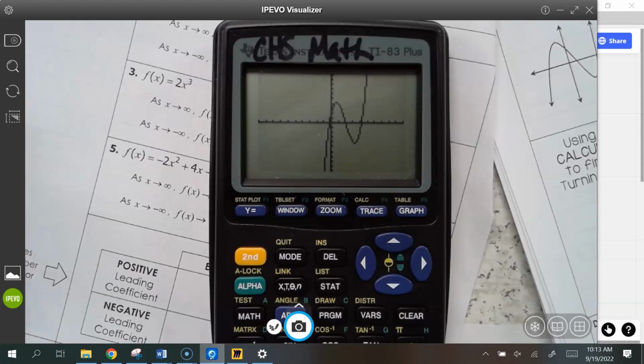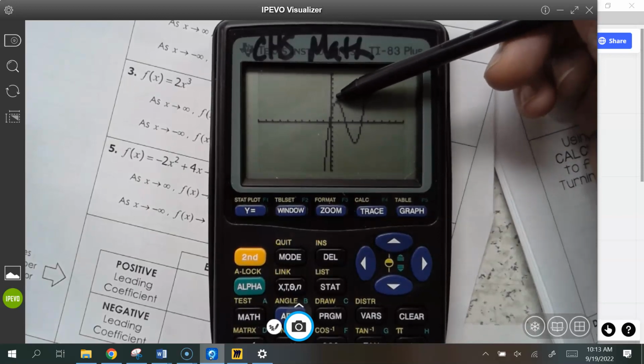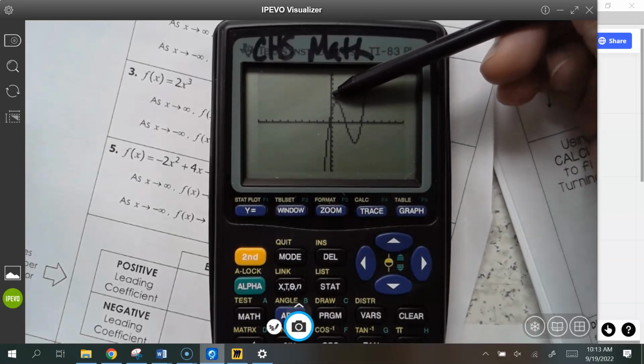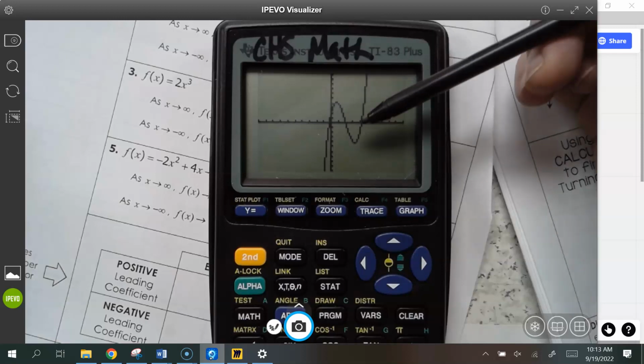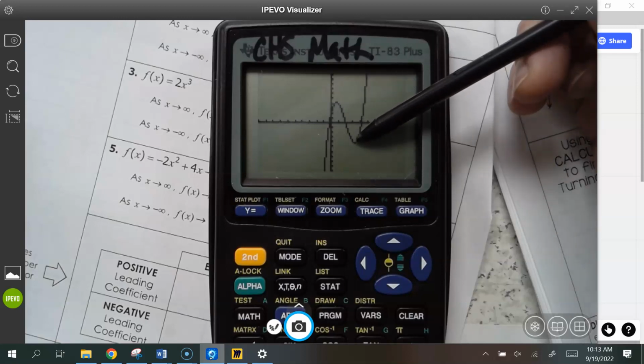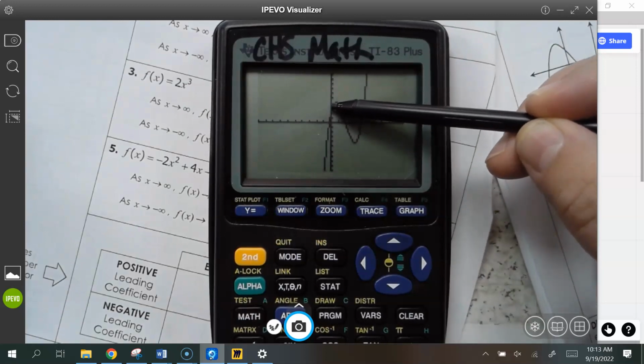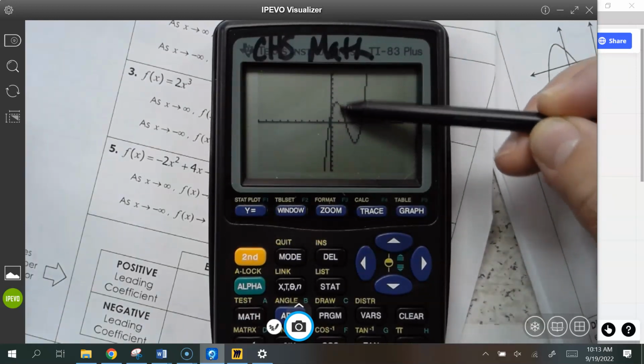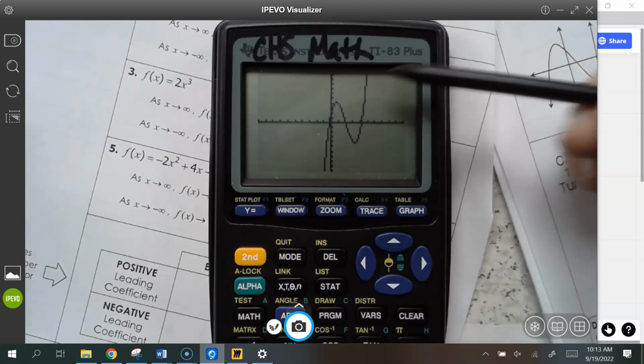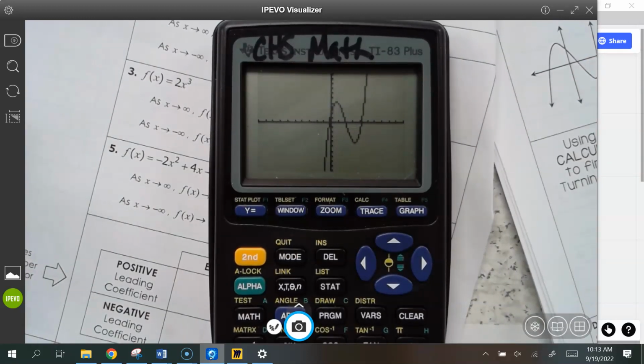Everybody's calculator graph looks like this, yes? Tell me how many turning points you see on this graph. 2. What are they? What kind of turning point is this one? Relative max. What is this one? Relative minimum. Am I increasing or decreasing as I come up to this? Increasing. How about here? Everybody good? All right.